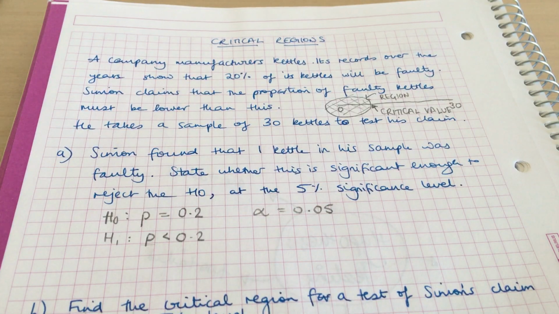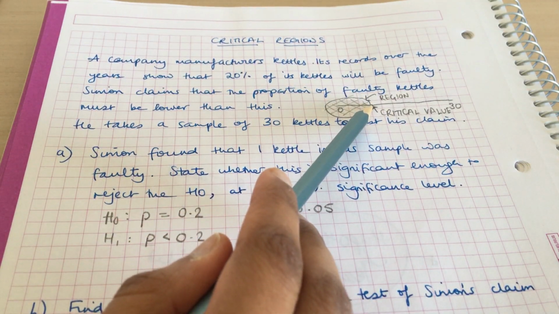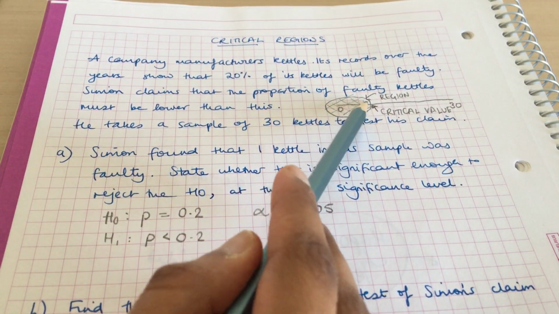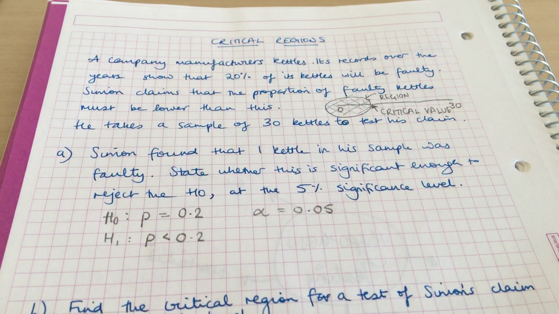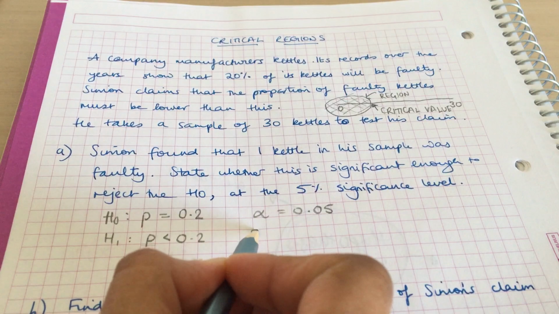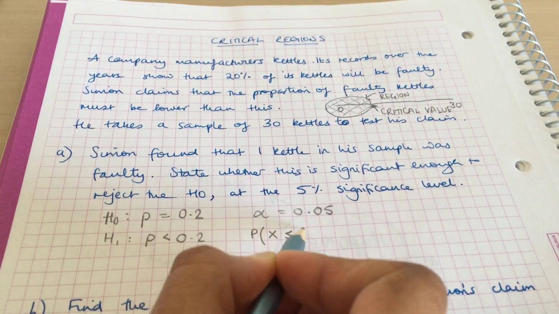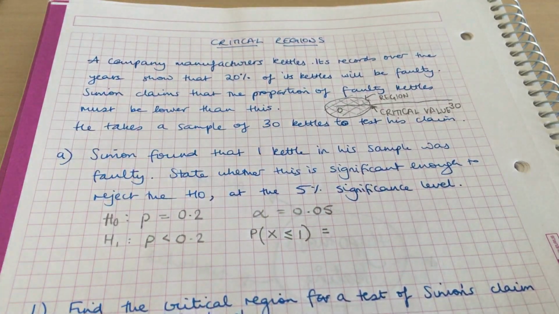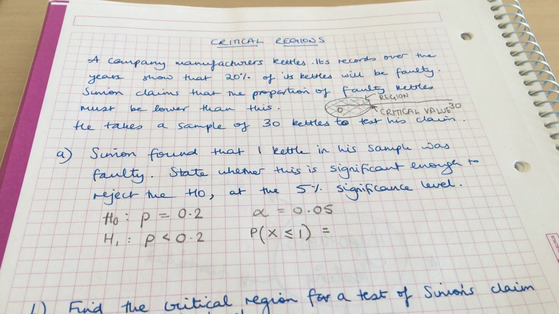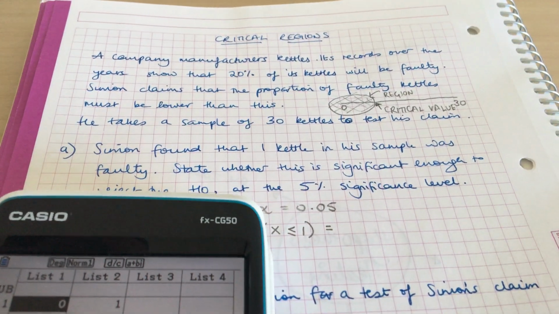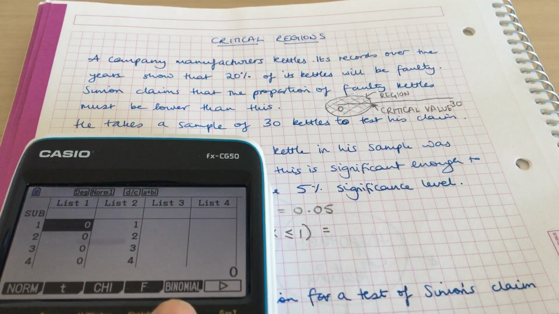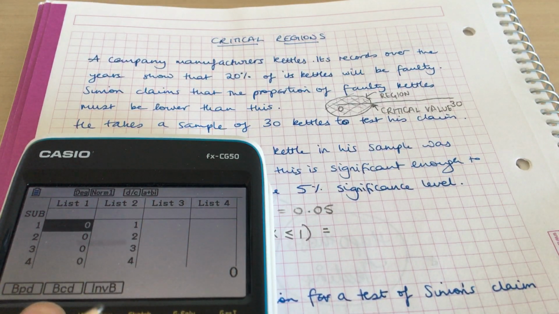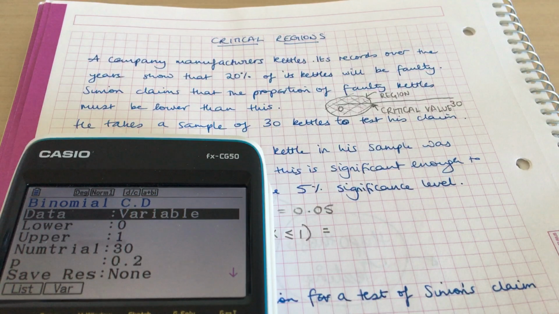Now we need to find whether one kettle in a sample being faulty is significant. That means the critical value here is 1 or less. If any of those values are in the critical region, then the probability of that should be less than 0.05. So we find the probability that X is less than or equal to 1. If we turn our calculator on, going to distribution, binomial, binomial cumulative distribution, these are the values we're looking at.